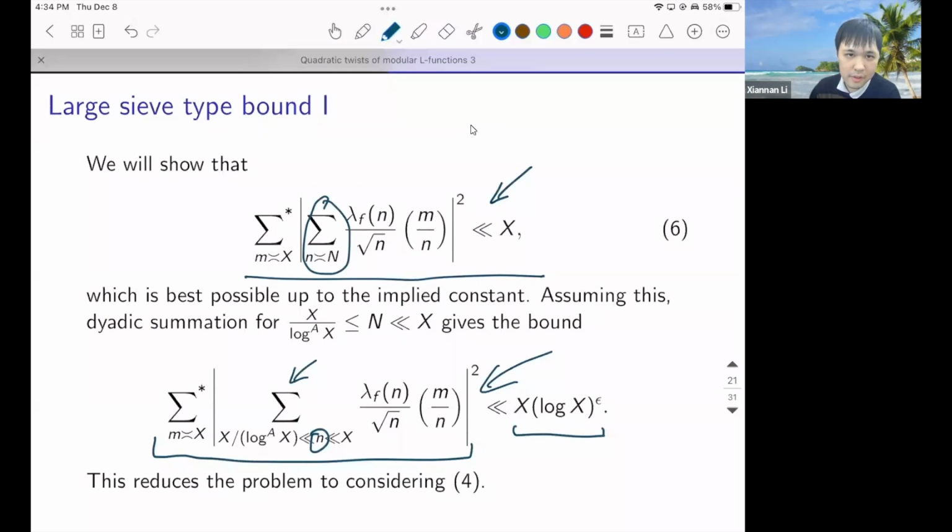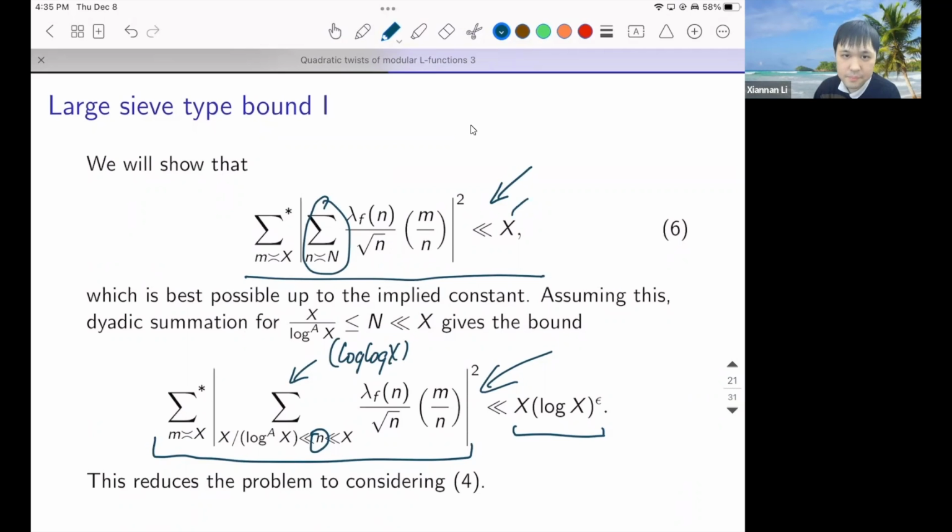This is longer than a dyadic interval, but the number of dyadic intervals in this interval is log x. And that's why we lose the log x. So basically, you can't avoid losing the log x, at least not in the truncation argument. And that's where the log x to the epsilon comes from. But L itself is going to be a constant.